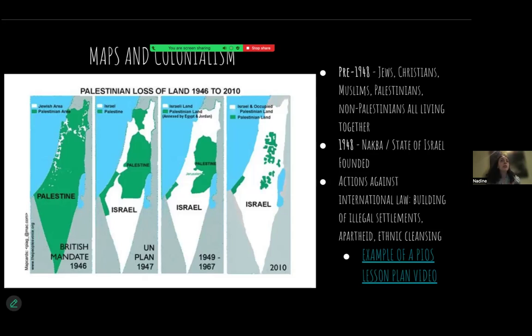And mind you, this is not my personal opinion as a Palestinian, but there are many scholars who are American, who are Israeli, who are Jewish, who have done scholarship and written about these actions against international law, such as building illegal settlements, how Israel is representative of an apartheid system, and how what they have been doing since 1948 and even before, when the British were colonizing this area, is engaging in an ethnic cleansing project.